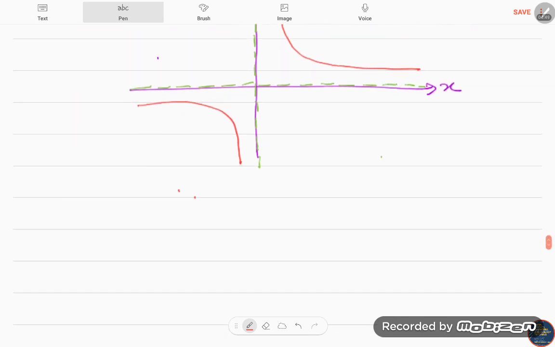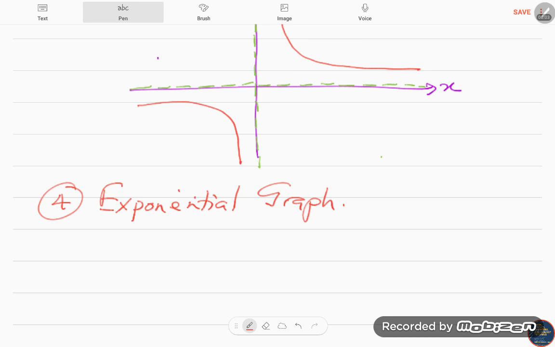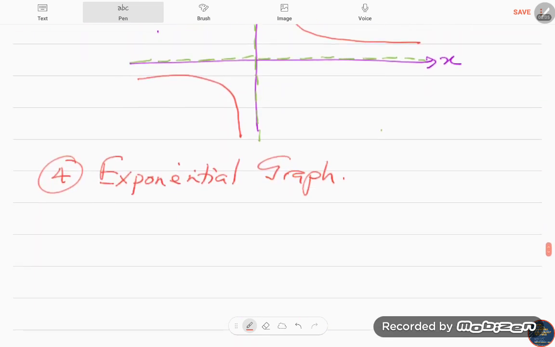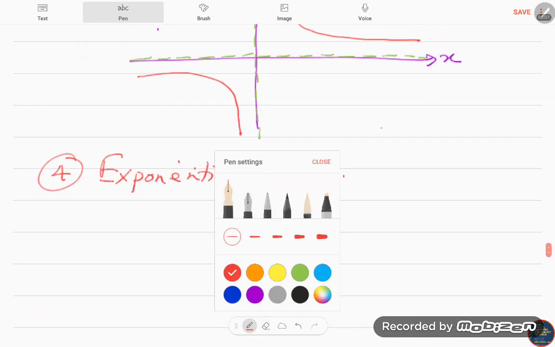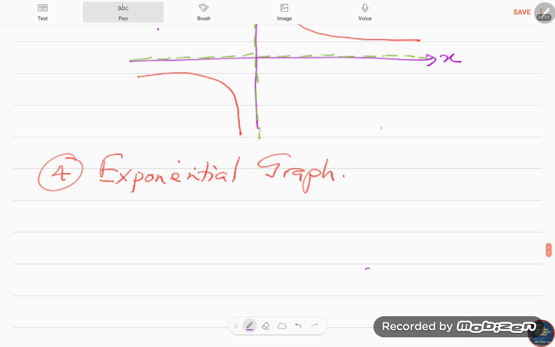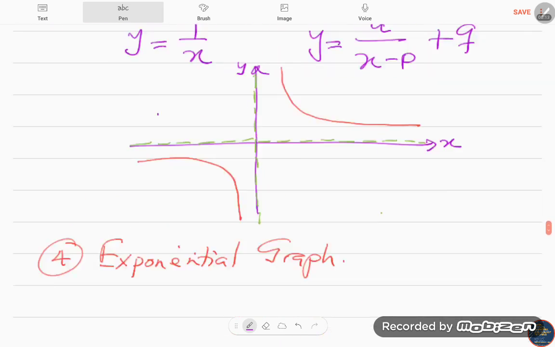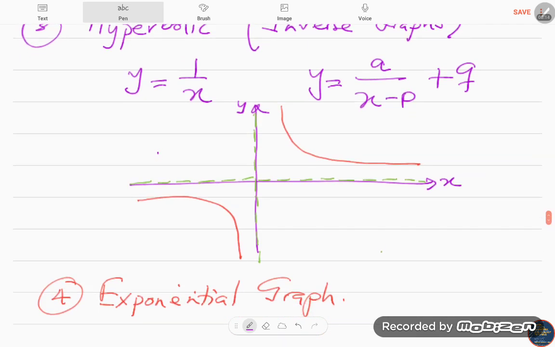Right. And then last but not least, the fourth basic graph that you need to know is going to be the exponential graph. And for this graph, it's more or less a power type of graph.